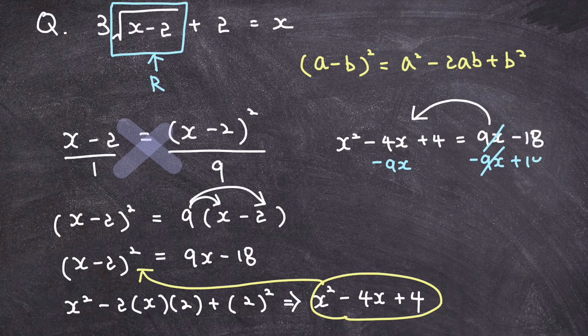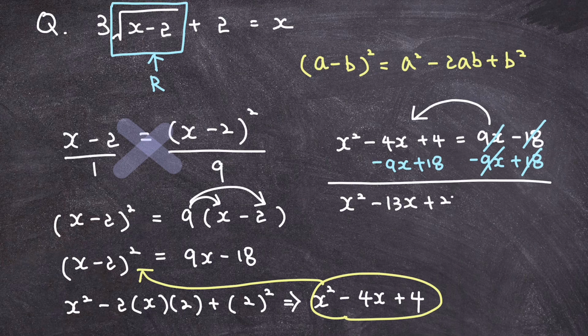And I'm going to also add 18 to both sides so I can get rid of the integer term from the right side. And if I do that, I am left with x squared minus 13x plus 22 is equal to 0.